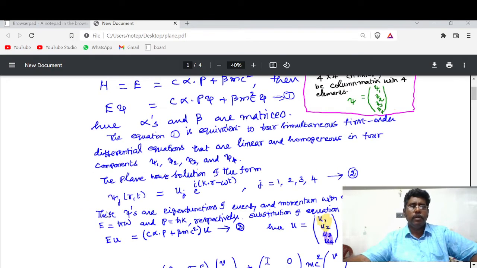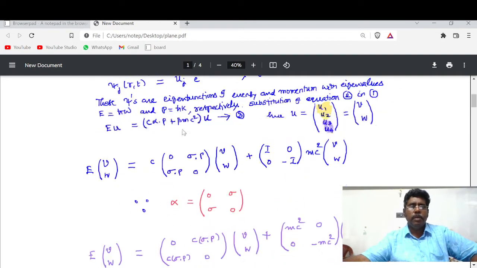See this equation: E psi equal to c into alpha dot p into psi plus beta mc squared psi. Here alpha dot p is [0 sigma; sigma 0] dot p, because alpha equal to [0 sigma; sigma 0]. We know alpha x equal to [0 sigma x; sigma x 0], alpha y equal to [0 sigma y; sigma y 0], alpha z equal to [0 sigma z; sigma z 0].